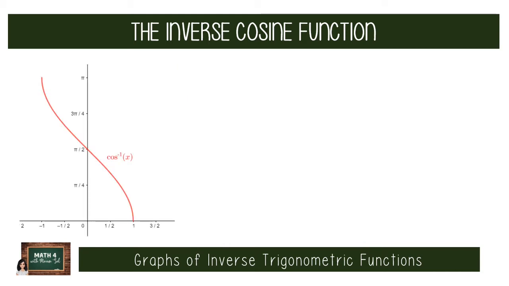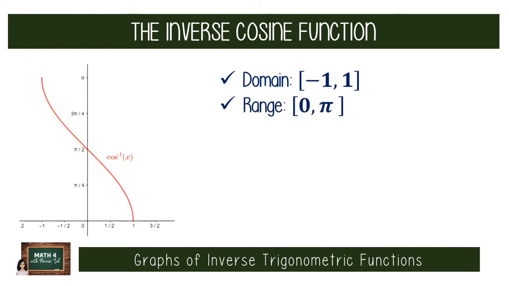Let us have a closer look at the graph of f of x is equal to cosine inverse of x. By carefully examining the graph, we will be able to identify the following properties. Its domain is from negative 1 to 1 inclusive, and its range is from 0 to pi inclusive. Looking at where it intersects the x-axis, we know that the x-intercept is 1.